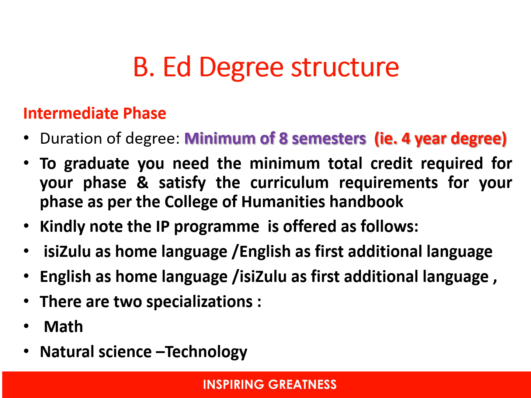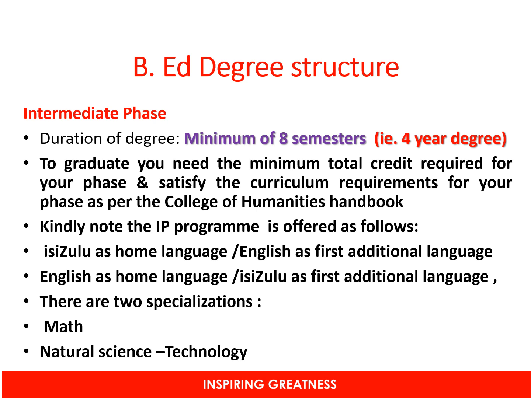Kindly note that the intermediate phase program is offered in 2 languages. isiZulu as a home language, which means then English is your first additional language. And the second option is English as your home language, with isiZulu being your first additional language. So what does this mean?